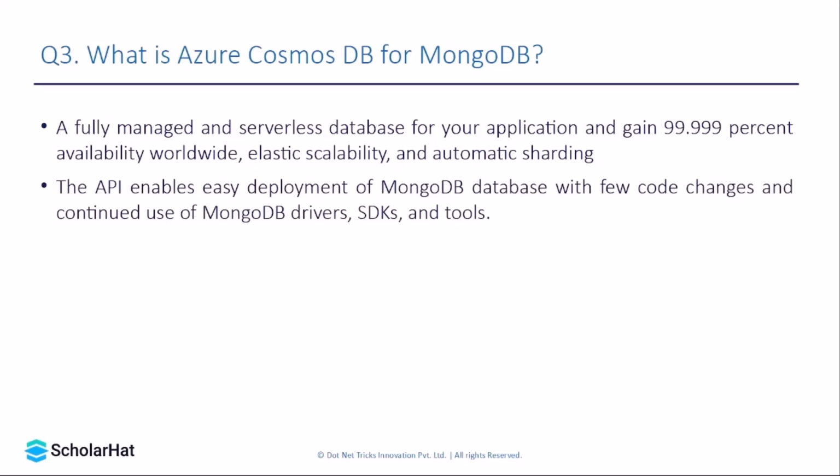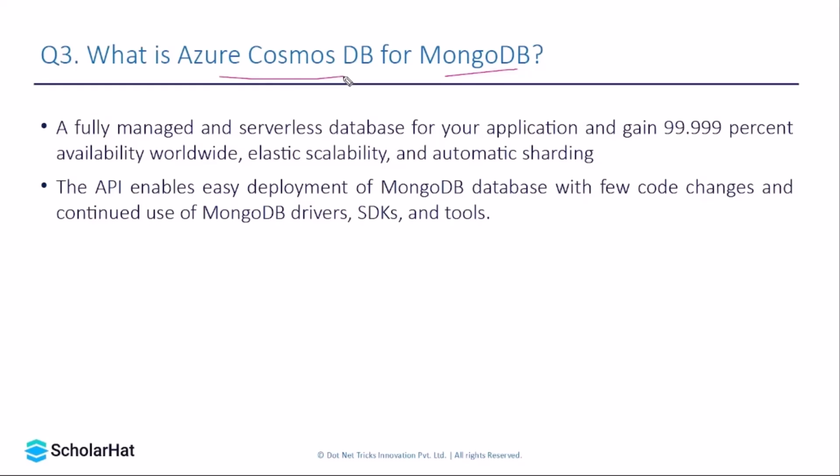Whatever features MongoDB provides individually are also provided by the Azure Cosmos DB APIs for MongoDB. So technically, we are using MongoDB itself with the help of Azure Cosmos DB, and they have some kind of partnership. Both organizations have come together and created an API.